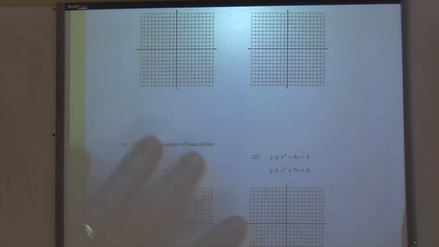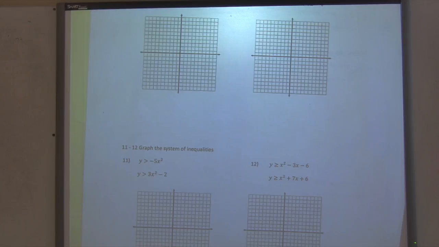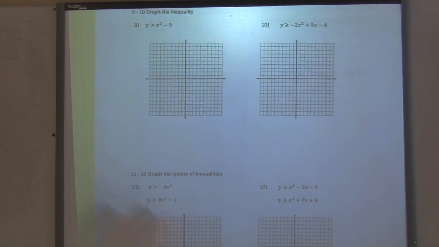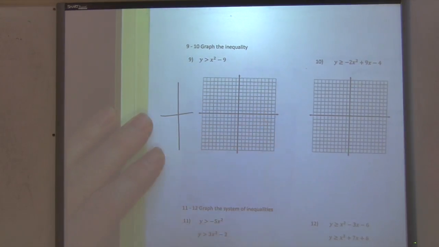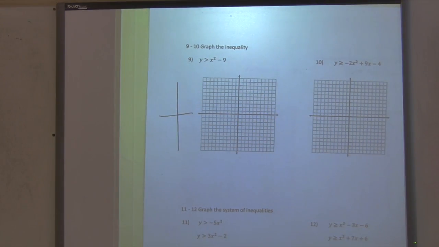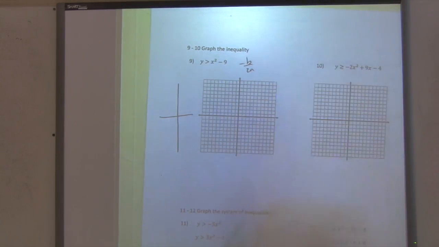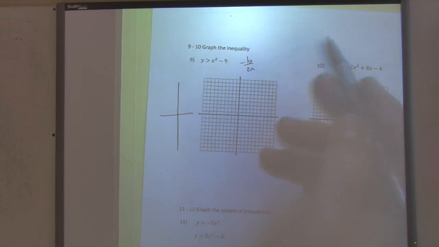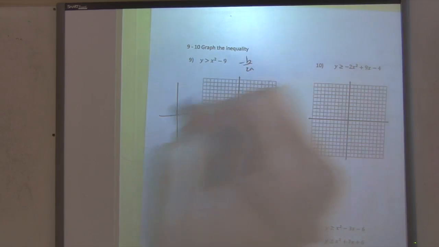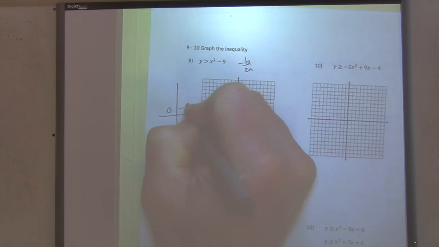On graphing the inequalities. Now, remember, this doesn't say to use the calculator. You can use the calculator to find things if you want, but what you have to do is give me a chart, and I don't care how you get the chart. You can do that using a calculator. You can do it by doing the negative b over 2a to find the vertex. So like on this one, that would be 0 divided by 2 times 1, which is 0, and negative 9.